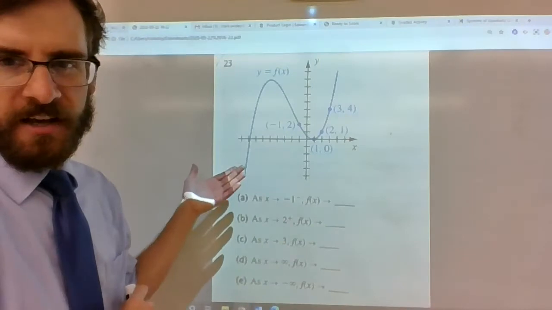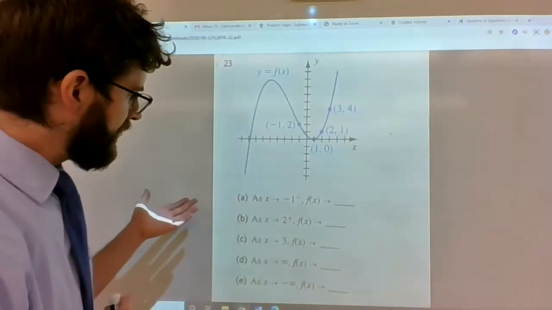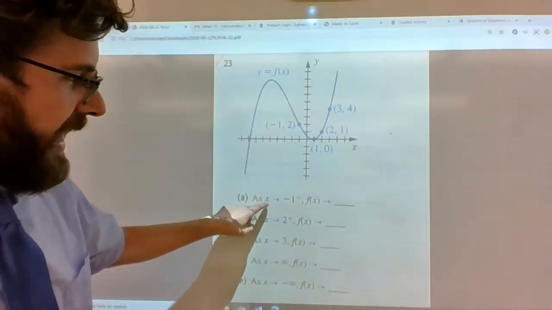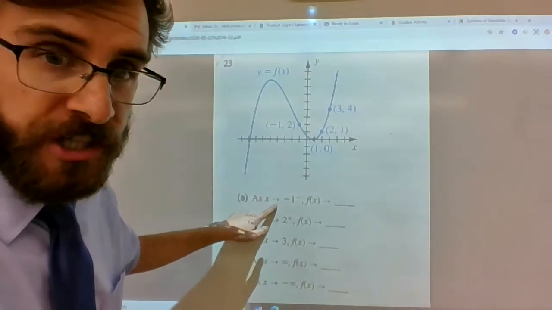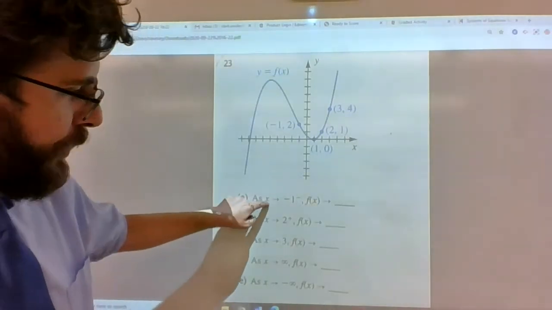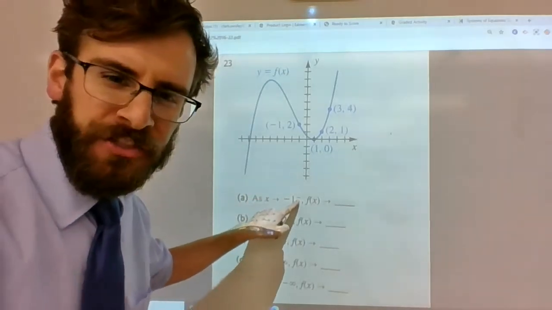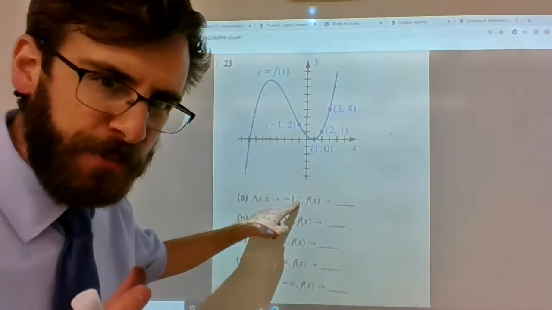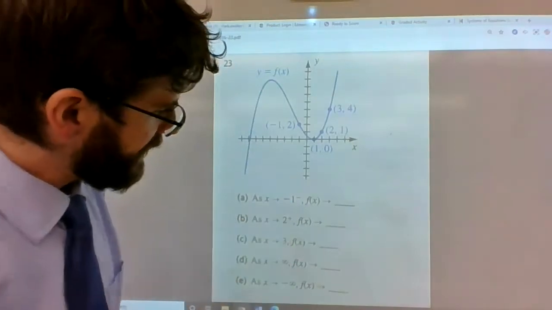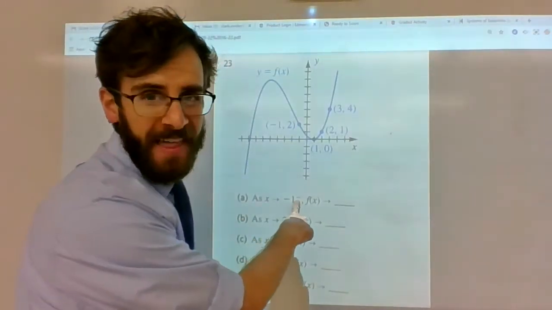Well, they gave us a function's graph, and they're basically saying as x, this little arrow means approaches. As x approaches negative 1, you notice that little negative that's taken the place of the exponent spot for the negative 1? That means from the left.